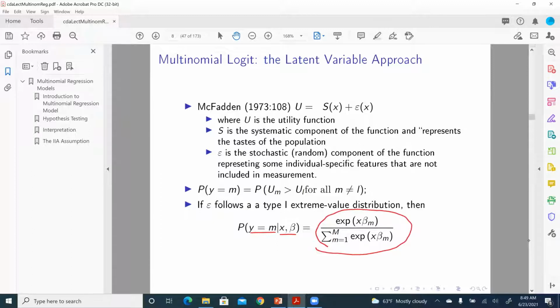Okay, and in the numerator is a natural exponential function of x and beta m, a vector of regression coefficients associated with choice m, and in the denominator is a sum of the natural exponential function. Okay? So this is just an individual probability, a probability of an individual making a particular choice, m, out of the available set of choices.